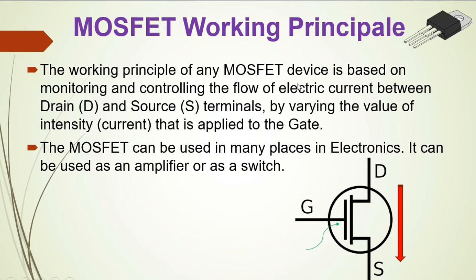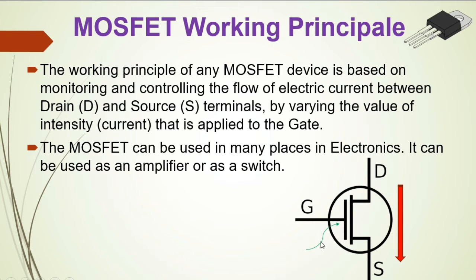It is based on monitoring and controlling the flow of electric current between drain and source terminals by varying the value of the current that is applied to the gate. So this flow of electric current is controlled by the small current that arrives at the gate here.